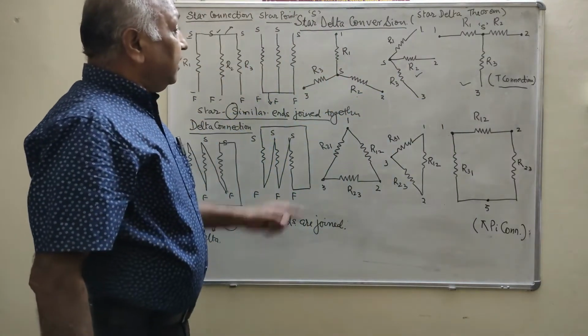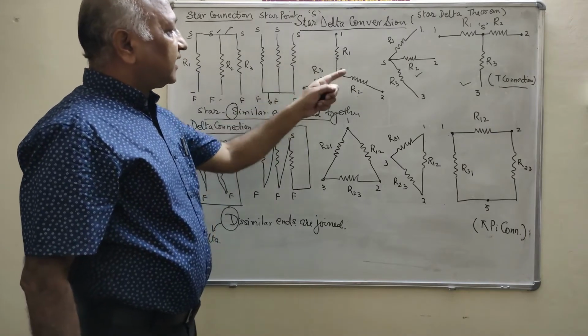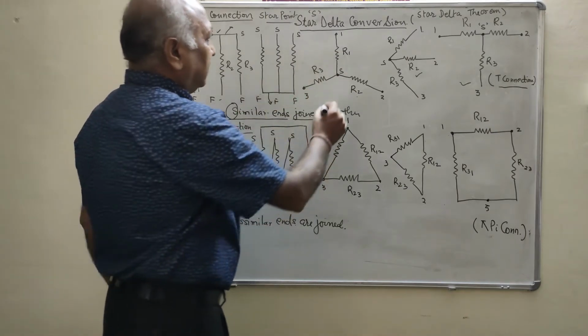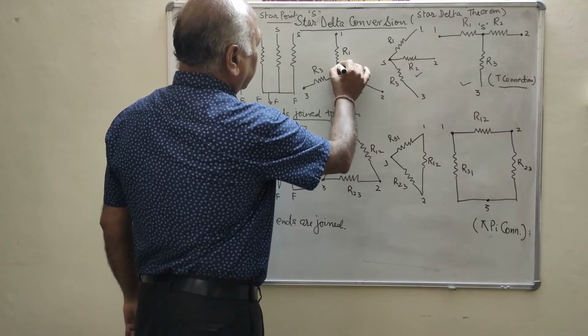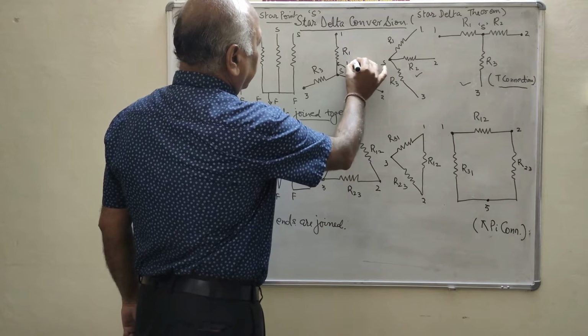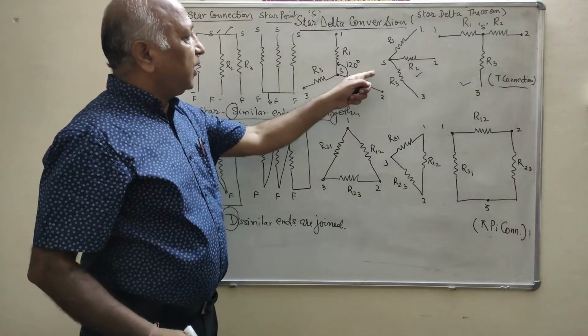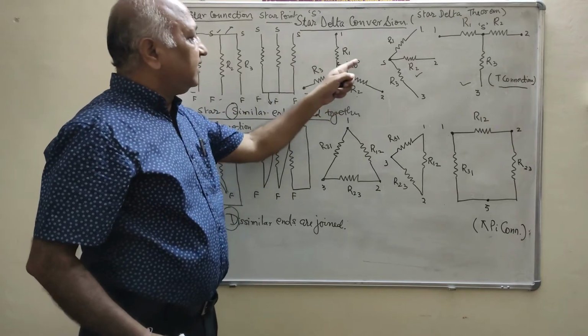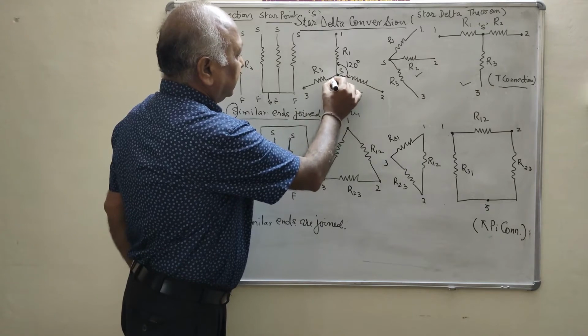In a three-phase supply, when we say this is the star connection, always remember the angle between the two resistances must be 120 degrees. But in a network, there must be a common point, and it is not necessary that the angle between the resistances is 120 degrees.